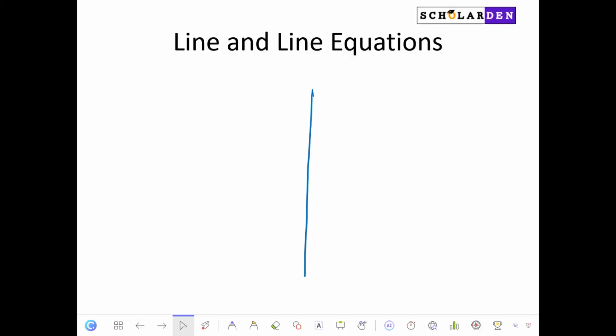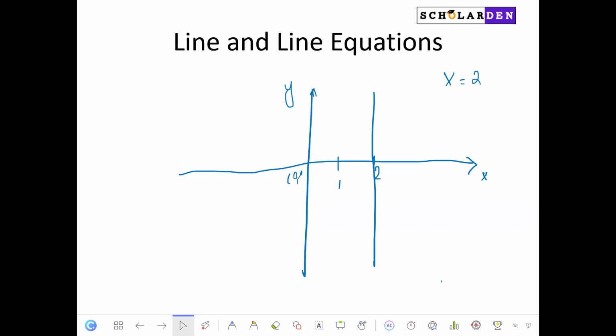Here we had the Cartesian plane, and we said that we had a line x is equal to 2, right? So let's call this your x-axis, and this your y-axis. So this is your point 2. I'm going to write 1, and this is your origin. The reference point is 0 and 0. Okay, so this is x is equal to 2. This was the first line that we drew, x is equal to 2.